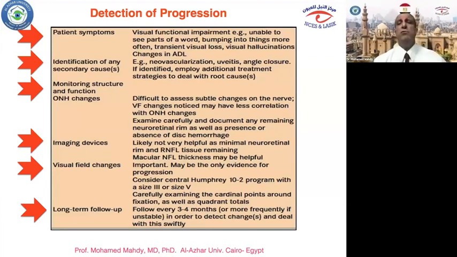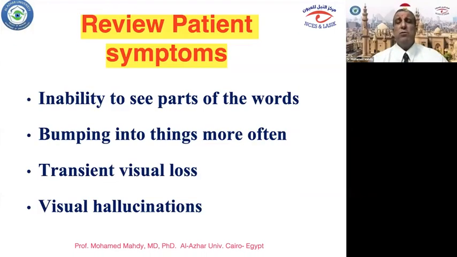If we come to the patient's symptoms, we have to listen carefully to the patient and compare his previous and past experience with the current experience. Sometimes the patient will describe, I'm not able to see part of the words I used to see earlier. I'm missing part of the words while I'm reading. I bump into things more often than earlier.